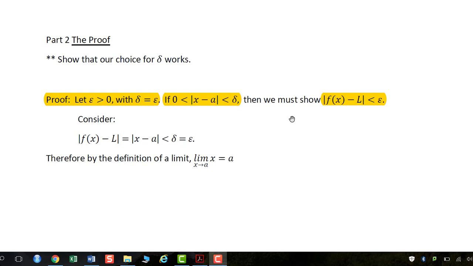So what we have to show is that the absolute value of f of x minus L is less than epsilon. Well, let's see. We have the absolute value of f of x minus L. That is less than epsilon. Therefore, by the definition of the limit, the limit as x approaches a of x is equal to a.